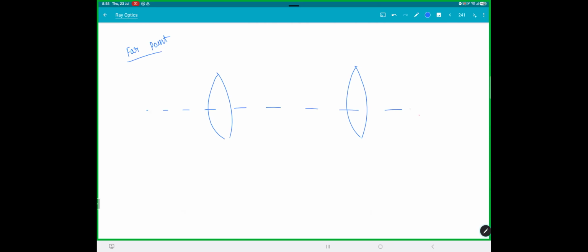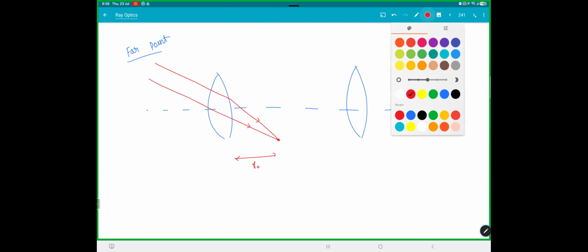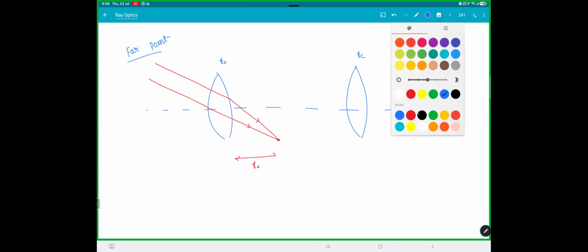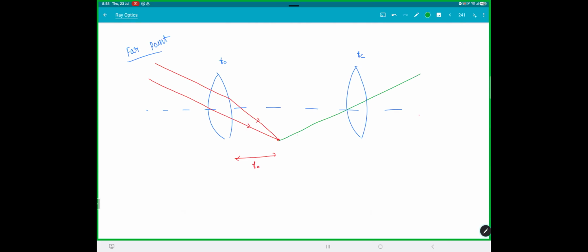One thing is clear, rays are still coming from infinity, so this distance is still f naught, and the rays are going from here. This is where the image forms, HI, the final image.